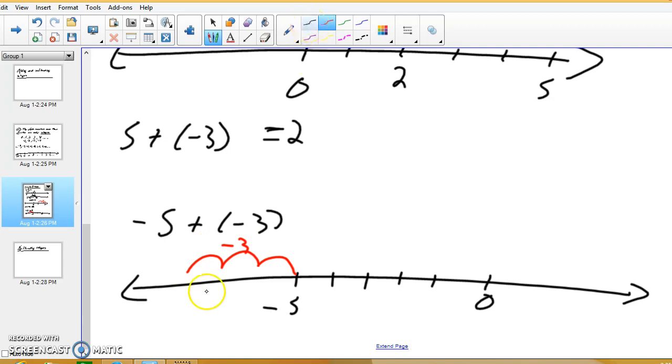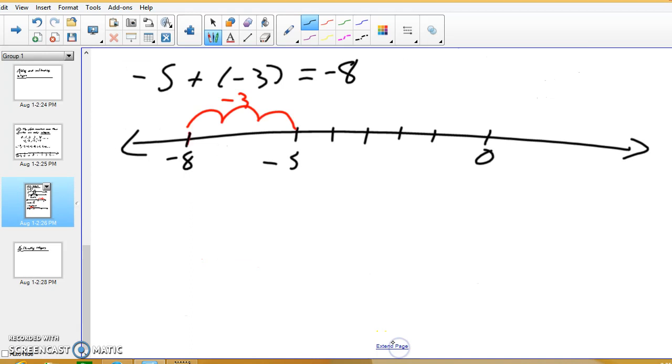And that gets us to negative 8. So negative 5 plus a negative 3 is negative 8. So anytime you are adding a negative number, you have to move in the opposite direction, the left direction.